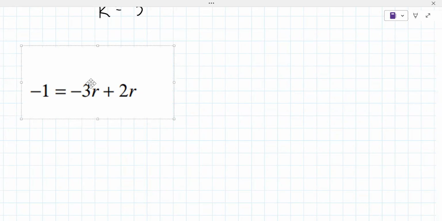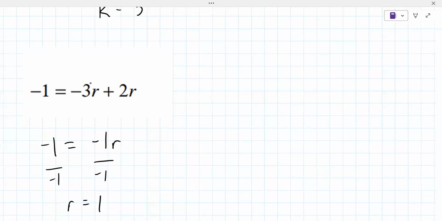R equals 1. You got it. Divide by -1, R equals 1. Very good. Okay. I think you're getting the hang of this. Would you agree? Yes.